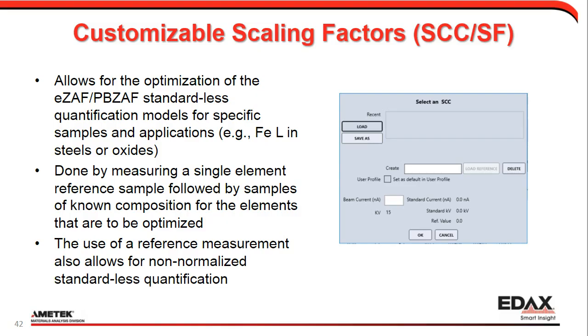Let me give you an example. When mineralogists look at iron in inclusion, they have to reduce kV to use iron alloy. Iron L peak height depends on binding configurations. Iron L in steels or in oxides gives very different peak heights with the same concentration.